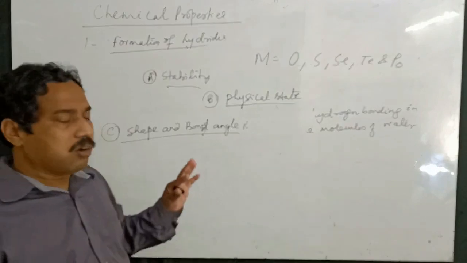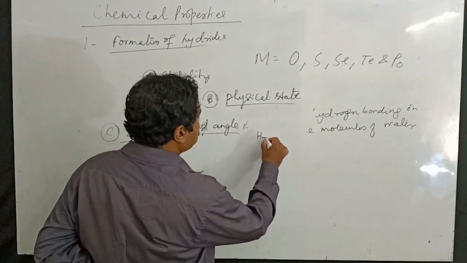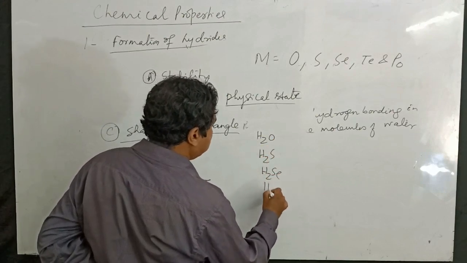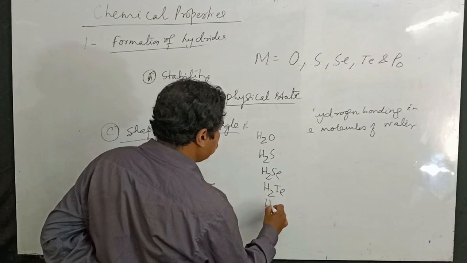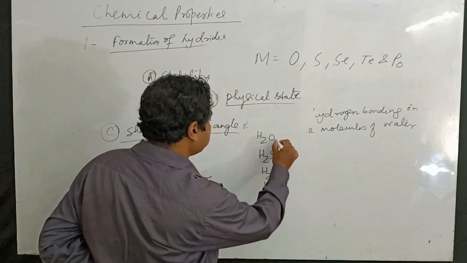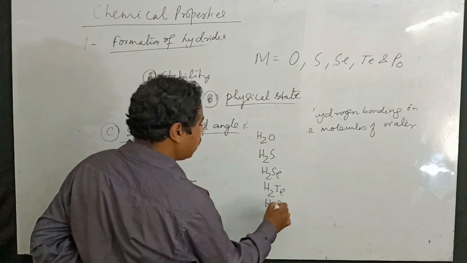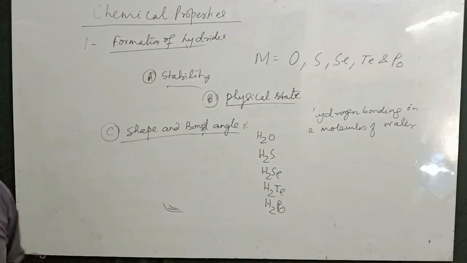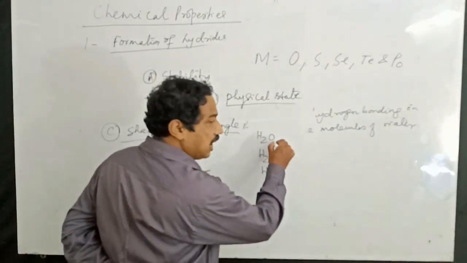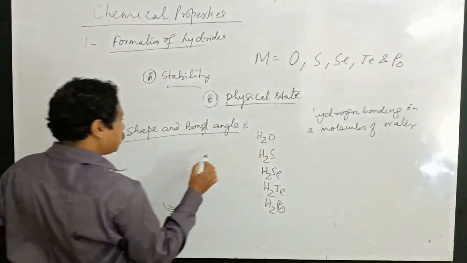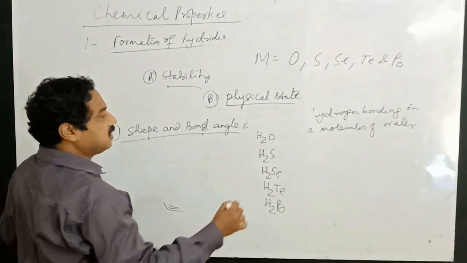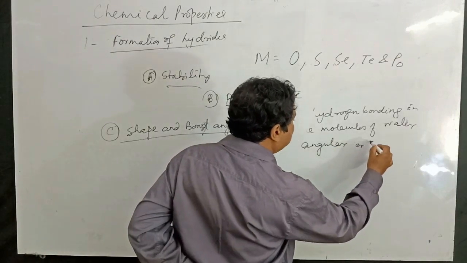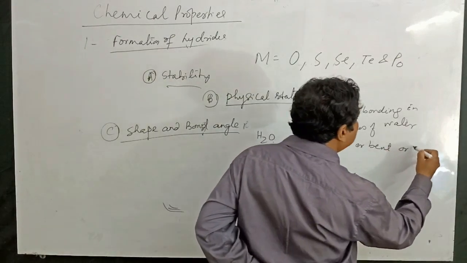The central atom of these hydrides, H2O, H2S, H2Se, H2Te, H2Po, the central atom oxygen, sulfur, selenium, tellurium and polonium, they undergo sp3 hybridization. And the shape of these hydrides is angular or bent or V-shaped.